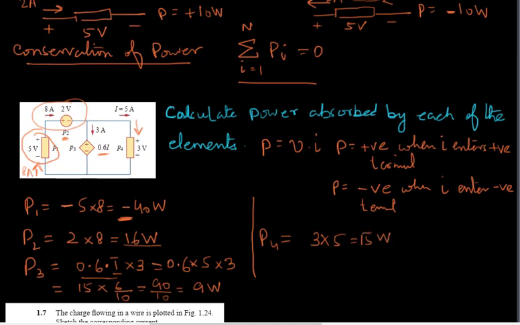So this could be some kind of a bulb or a resistor which is actually consuming the energy. So this is how you can find out the powers applying this formula and the passive sign convention. You always need to use the passive sign convention when you are finding out powers.